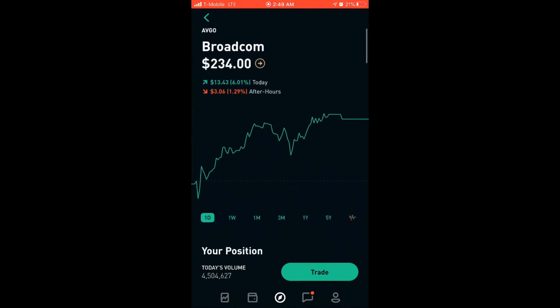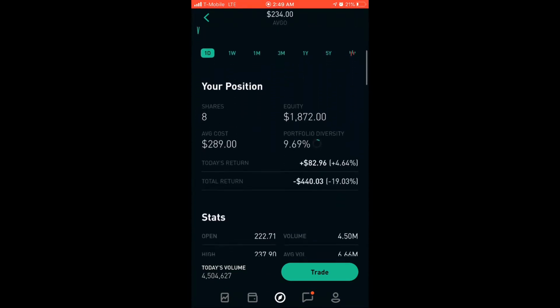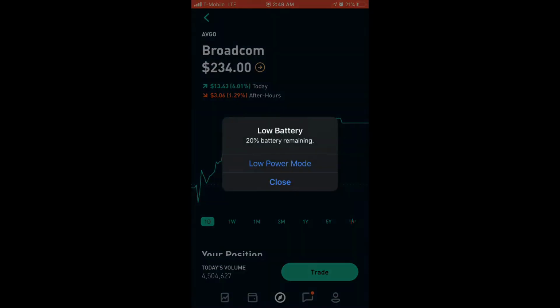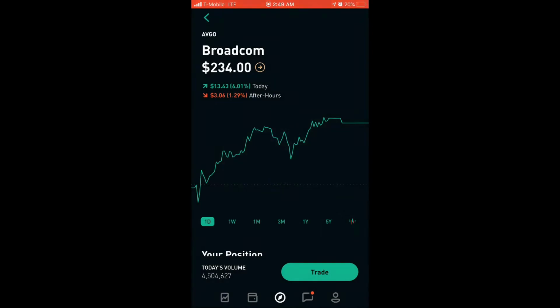So basically, I was showing Broadcom, and when you analyze those stocks, you have to do a qualitative analysis and a quantitative analysis as well. For the qualitative analysis, you need to look at the 10K, the annual report of the company, and see what the company is all about.